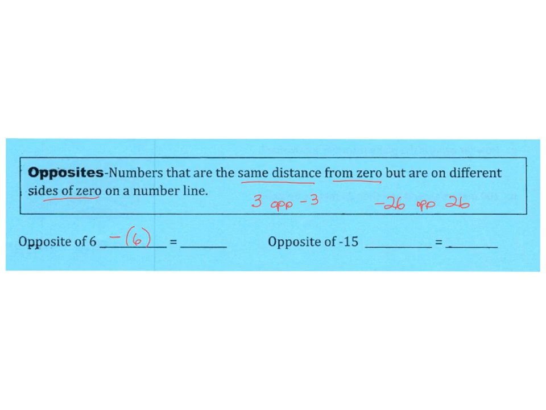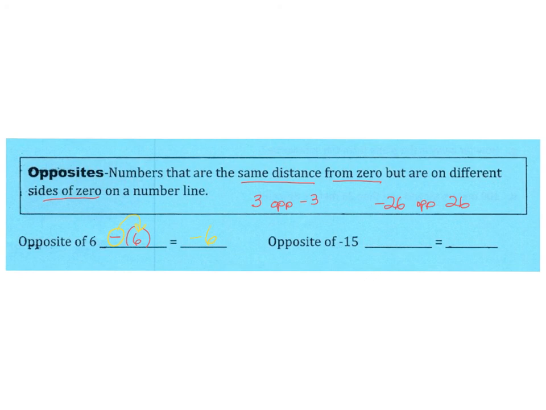So listen very carefully. It's an extremely easy concept, but you have to have an understanding, and it needs to be automatic when you see it. So if I take this negative on the outside, what its job is to say is, hey, whatever's on the inside, turn to your opposite. So that negative says, hey, 6, turn to your opposite, and that is -6.